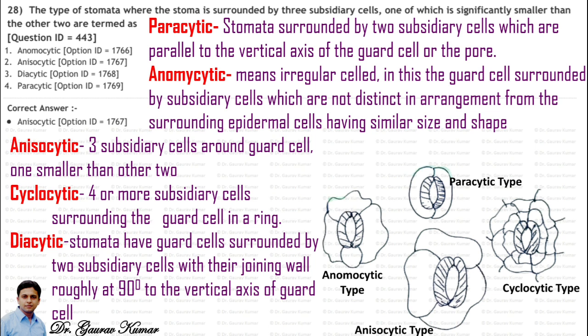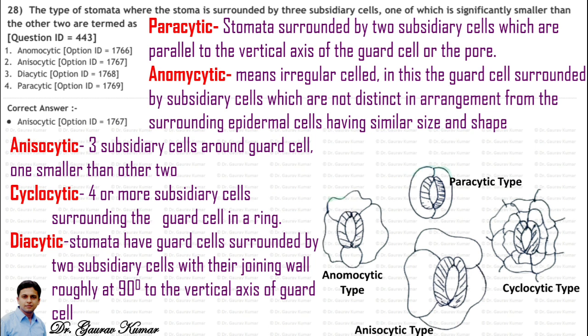In this, the guard cells are surrounded by subsidiary cells which are not distinct in arrangement from the surrounding epidermal cells, having a similar size and shape. Anisocytic, the one which is the answer to our question, is that in which 3 subsidiary cells around the guard cells are present, one is smaller than the other 2. So this is what the question also asked.